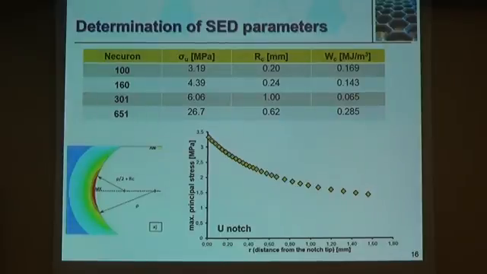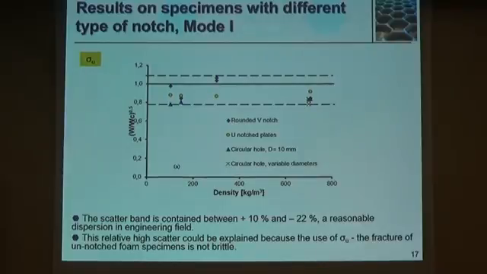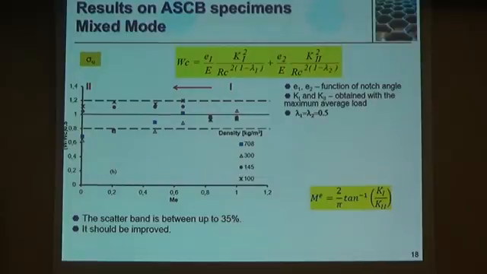Using this, we get the parameters, the control volume and the strain energy density, and comparing with our experimental data for the notched geometry, the scatter is from plus 10% to minus 22%, which is, let's say, within the dispersion of engineering applications. The higher scatter was also observed for the foam with 300 kilograms per cubic meter density, and we used this for the cracked geometry.